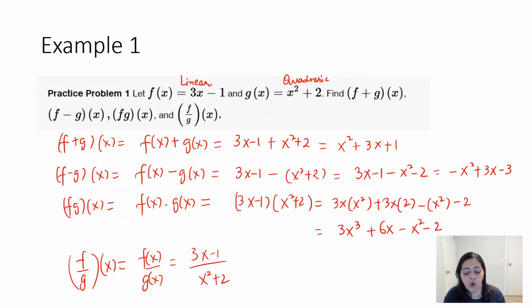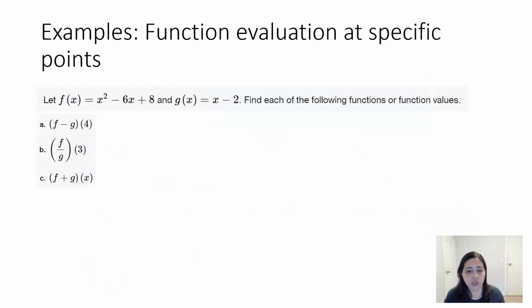But now, instead of evaluating all these as functions, you are supposed to evaluate them at specific points. So here are the examples. What do we mean by that? This is the function given to us, f(x) is x squared minus 6x plus 8, and g(x) is x minus 2. Find each of the function values.